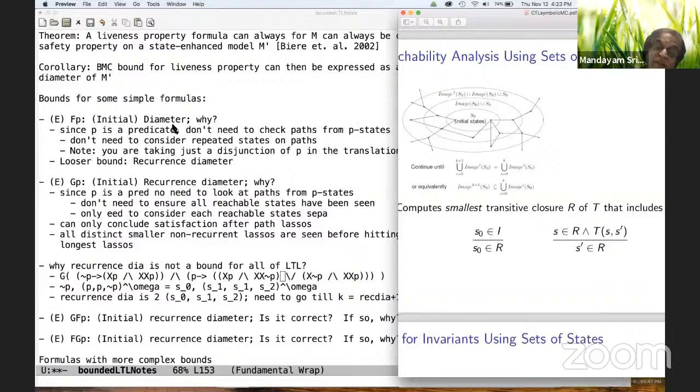But since the diameter is very hard to compute, I'm going to be speaking in terms of recurrence diameter. By the time of the recurrence diameter, all of them would have lassoed anyway.